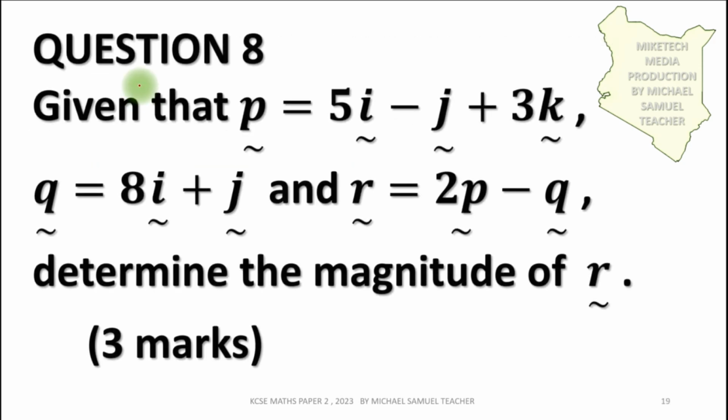Question number 8. Given that vector P is equal to 5i vector minus j vector plus 3k vector, and q vector is equal to 8i vector plus j vector, and r vector is equal to 2p vector minus q vector, determine the magnitude of r vector.